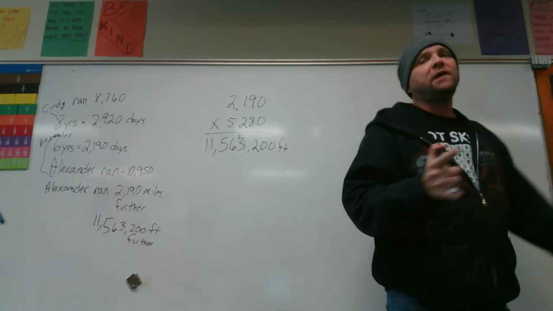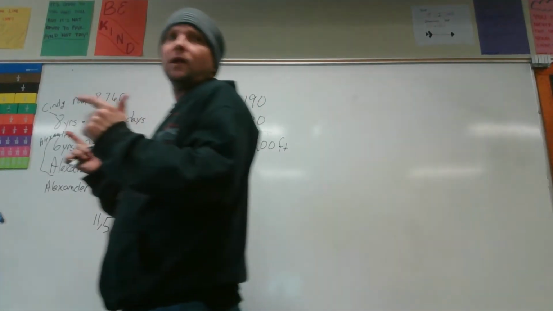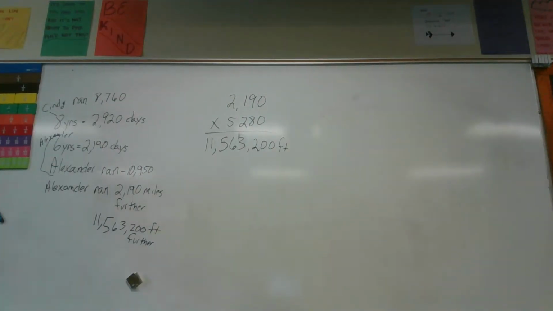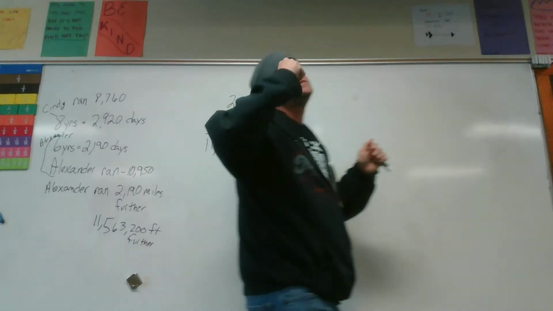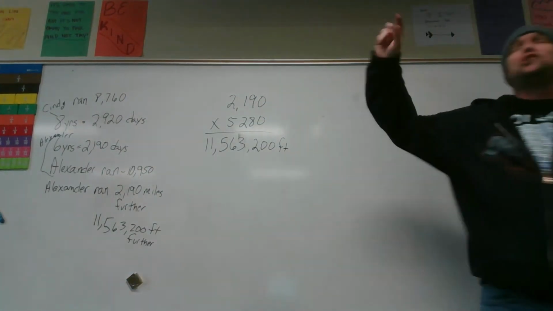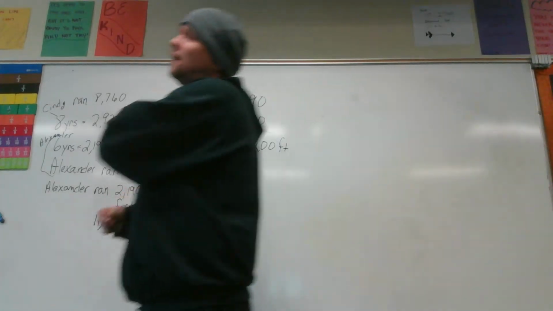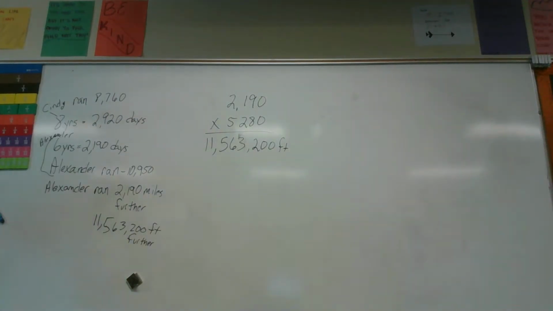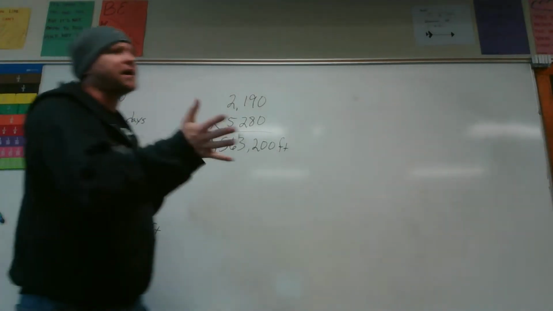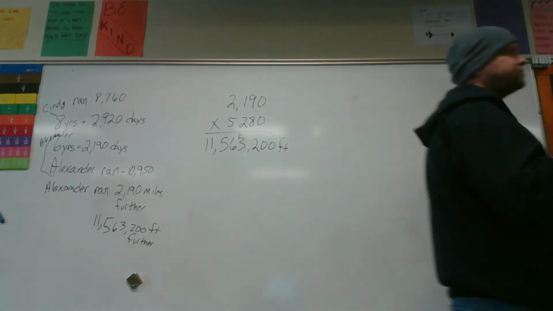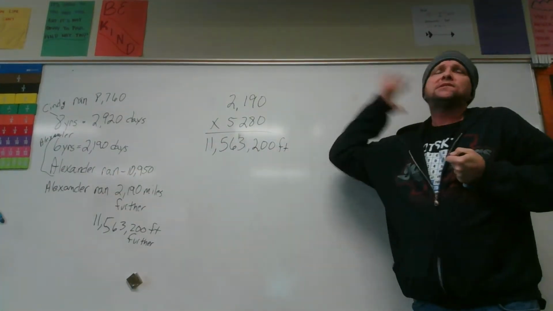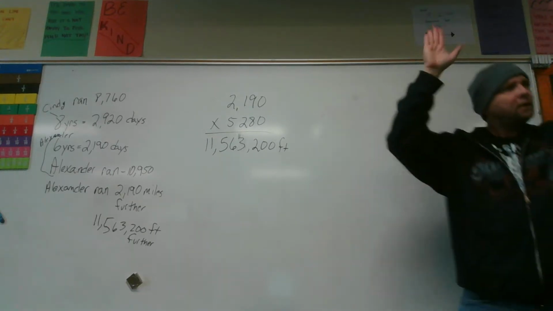But what you had to do is this forced you to look at your formula chart and see that there were 5,280 feet in a mile. Now when you test, you're always going to have access to that formula chart. But the purpose of this is to get us thinking.